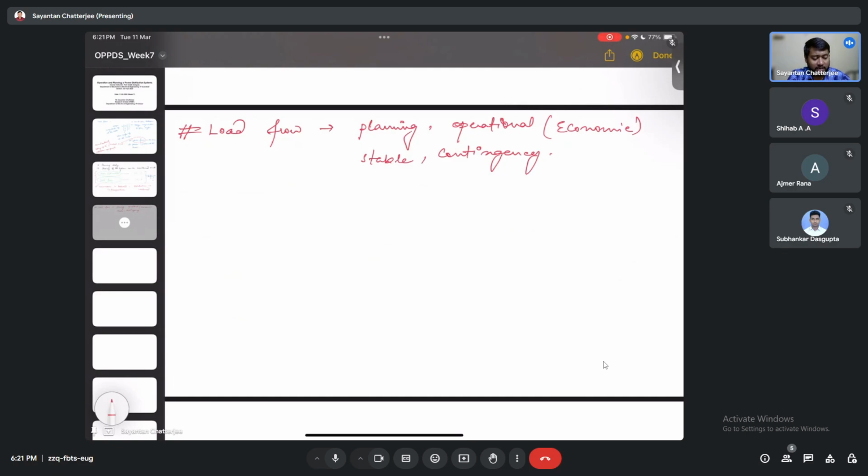The basic understanding of state estimation is that state estimation is performed in real time. It's a real time monitoring exercise.